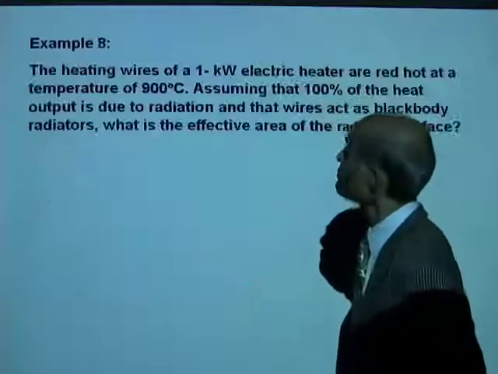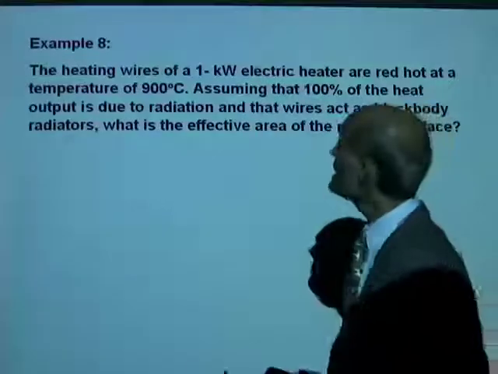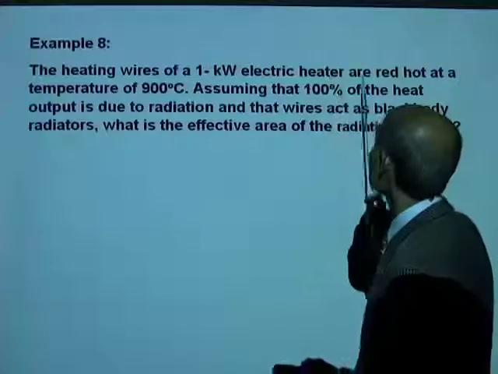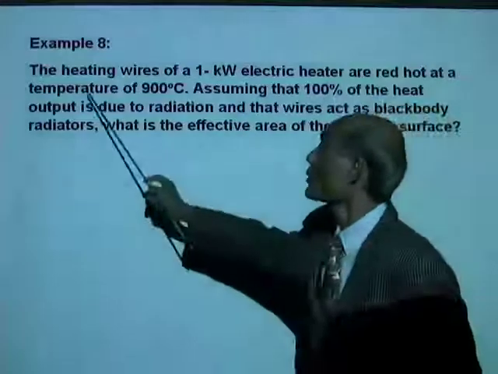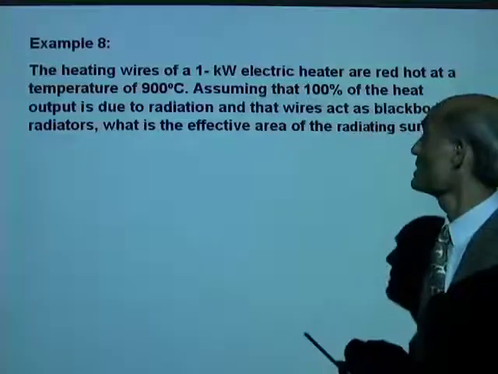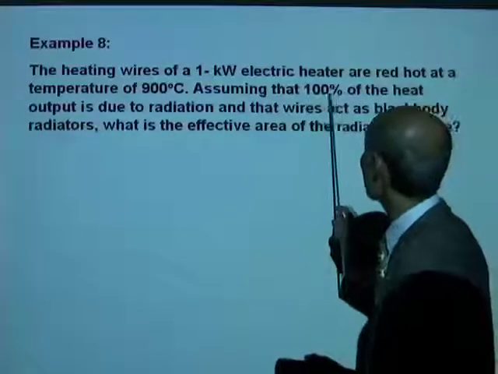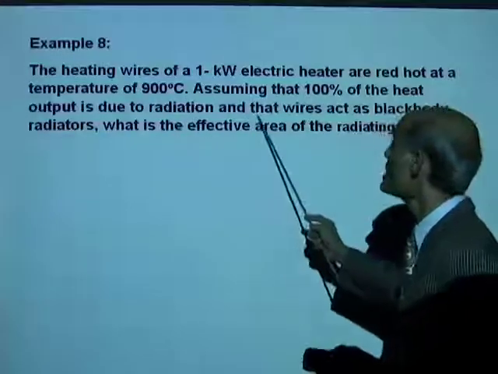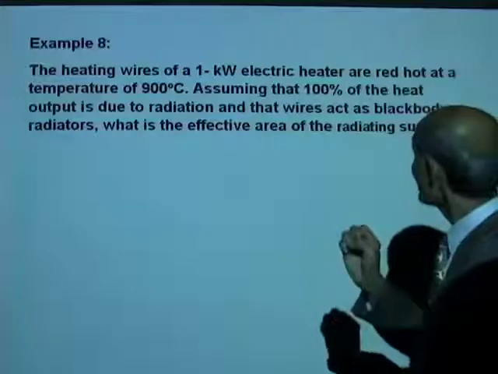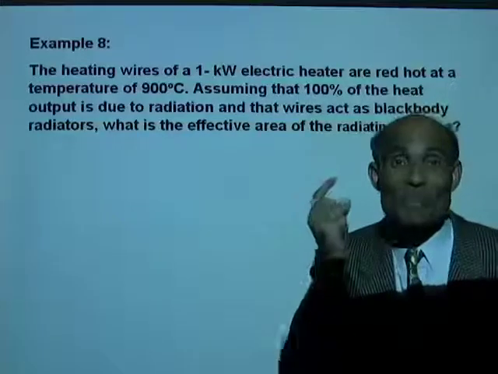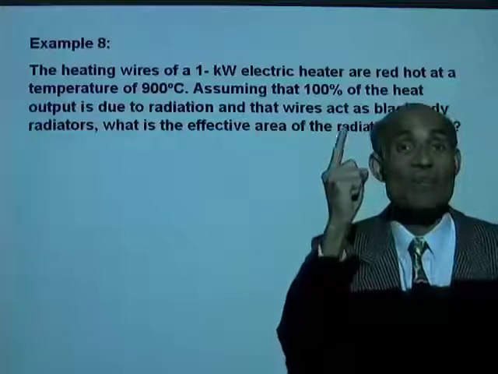Okay, let's do another one. The heating wires of a 1 kilowatt electric heater are red hot at a temperature of 900 degrees Celsius. Assuming that 100% of the heat output is due to radiation and that the wires act as black body radiators, it means the value of E equal to 1.